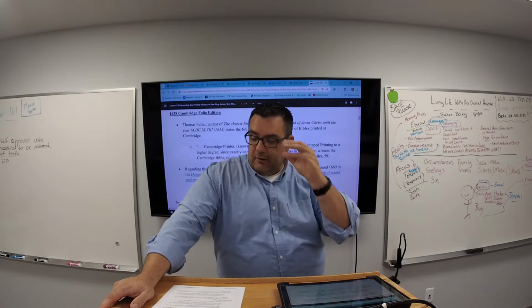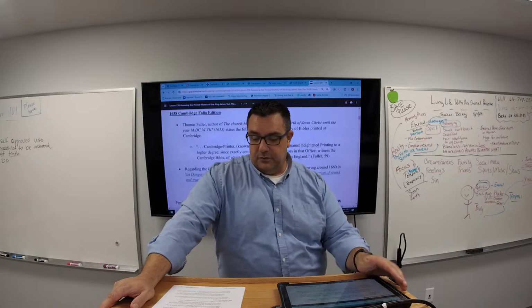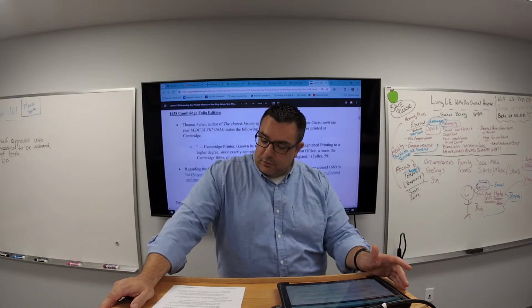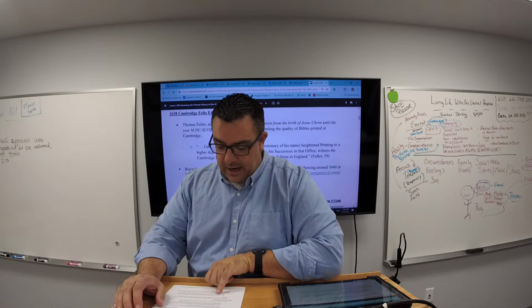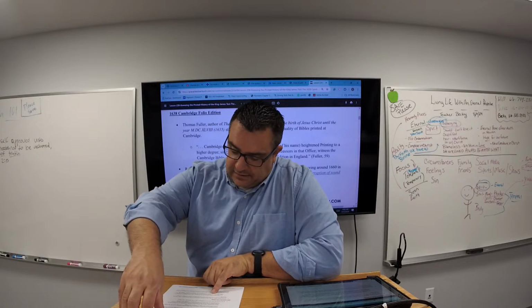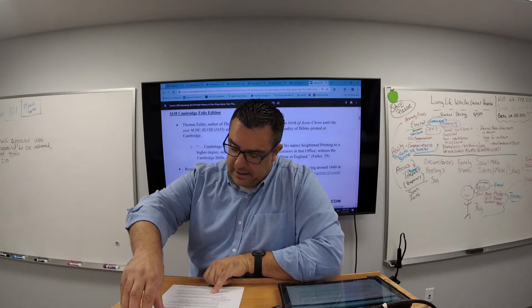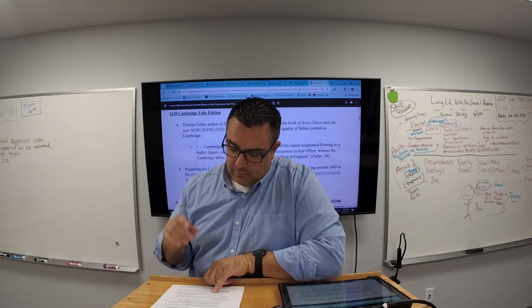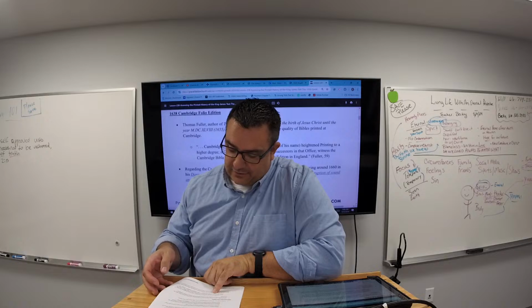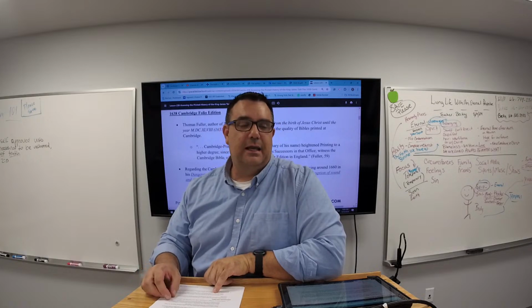So he states the following regarding the quality of the Bibles printed at Cambridge. Quote, Cambridge printer, known by the dictionary of his name, heightened printing to a higher degree, since exactly complicated by his successors in that office, witness the Cambridge Bible, now watch, of none exacter or truer edition in England.